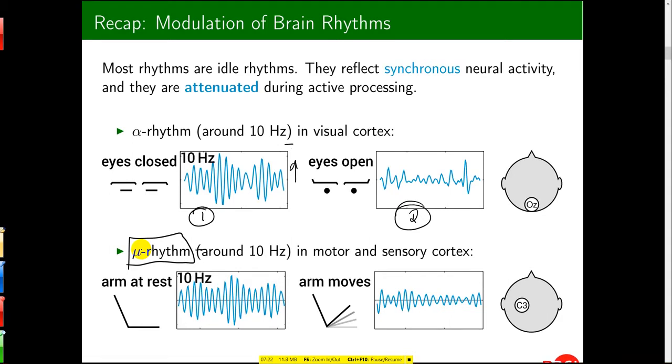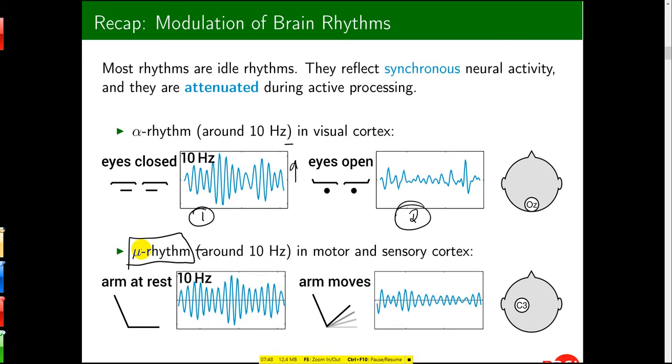So the central sulcus is here; it separates the frontal cortex from the parietal. Right before the central sulcus is the motor cortex, right after that is the sensory cortex. So if you place an electrode on top of that area, around here, you have seen Cz, right?